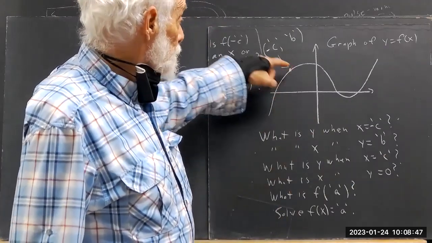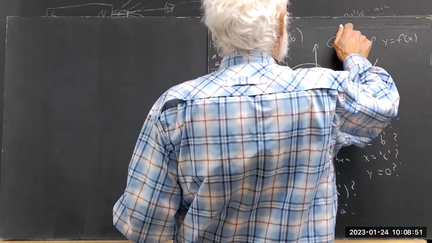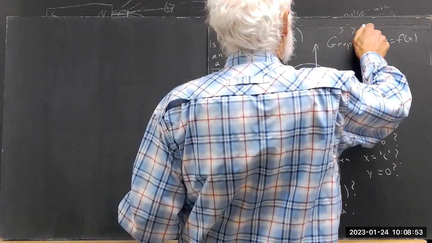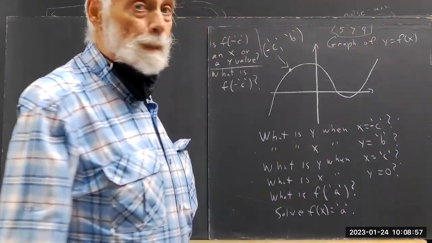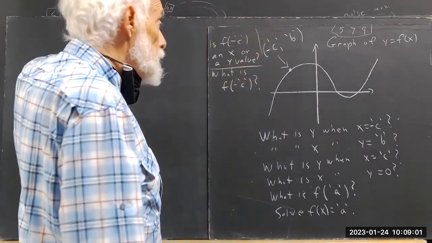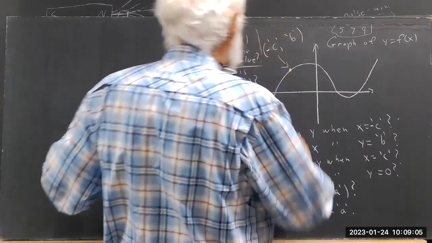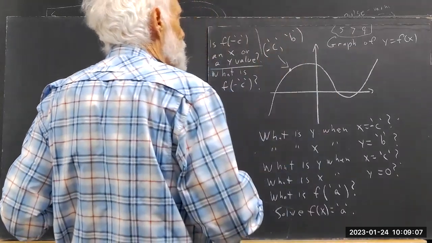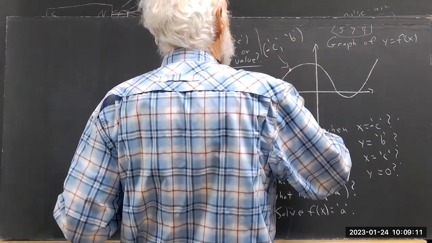Now in my case, my ABC numbers are 5, 7, and 9. So that means that this point, instead of negative C, B, is now negative 9, 7.